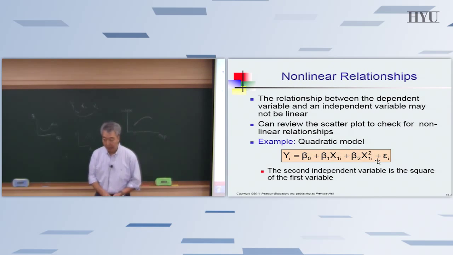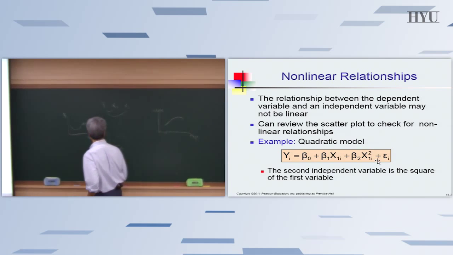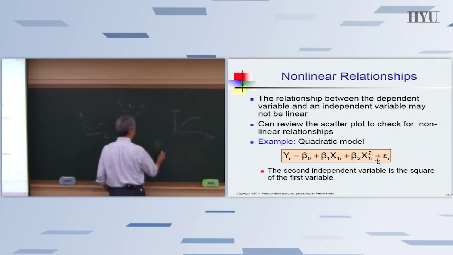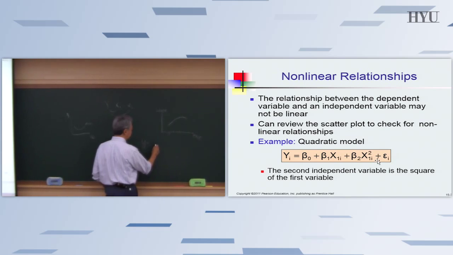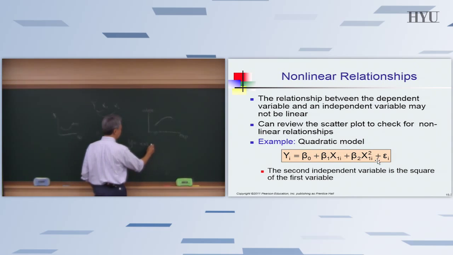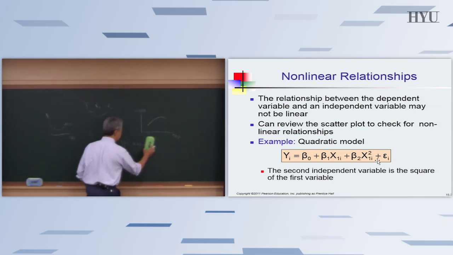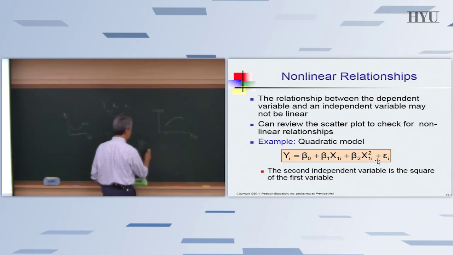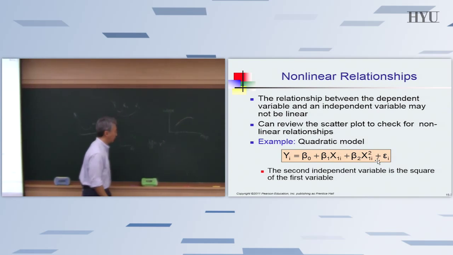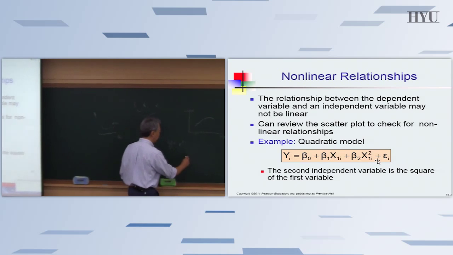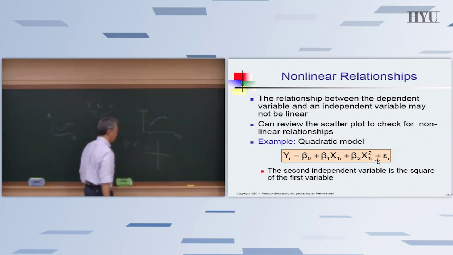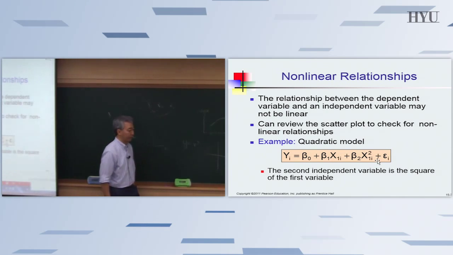I'm sure you remember the shape of y equals a plus bx plus cx squared. Or let's make it simple: y equals x squared. What's the shape of that curve? Does anybody remember?